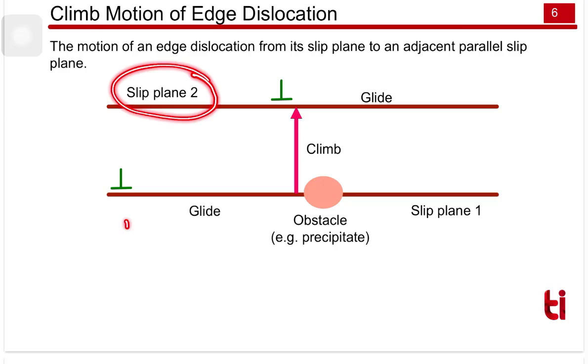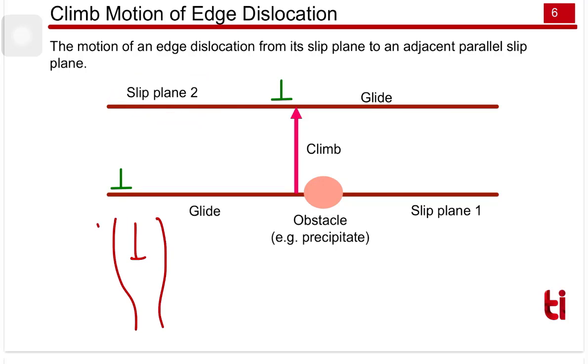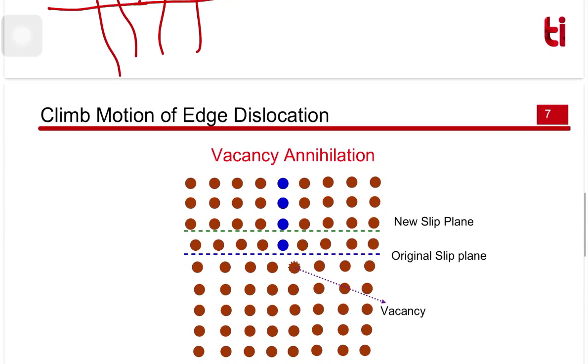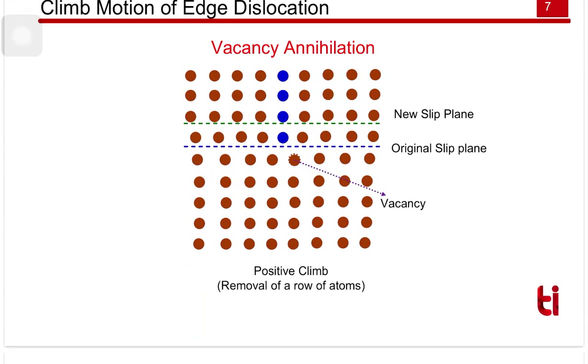So if I make a dislocation on this slip plane, and now it moves down here, this is slip plane 1 and this is slip plane 2. So every step it is changing its slip plane. So this dislocation motion is non-conservative. This is the climb motion. It is moving perpendicular to the slip plane.